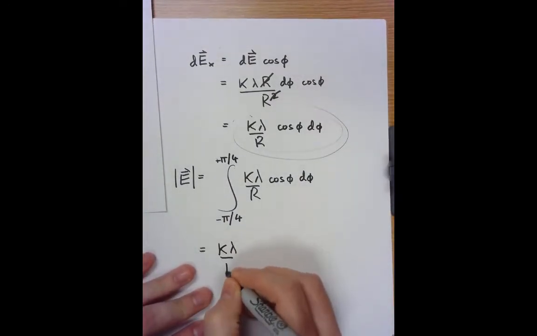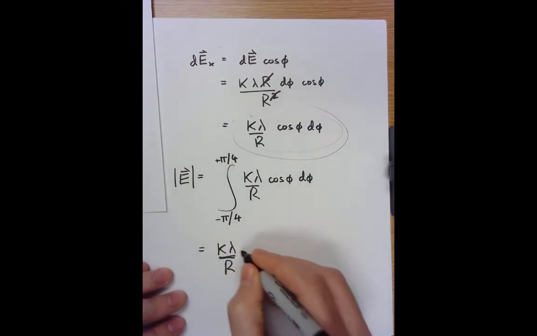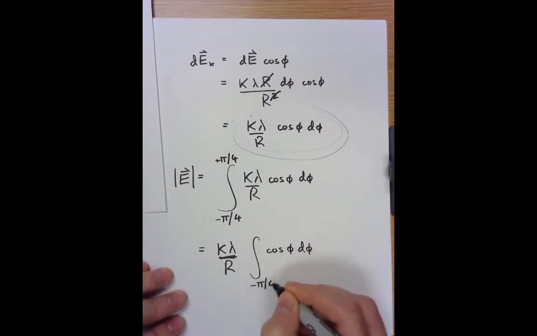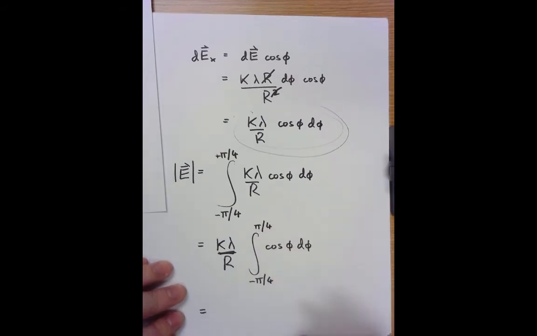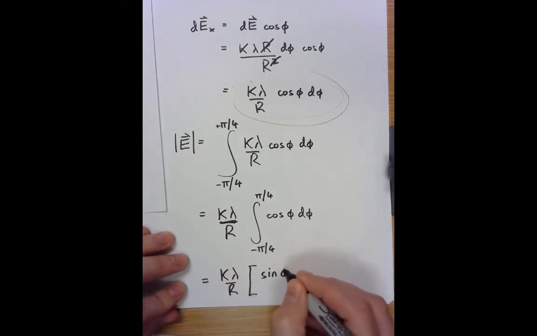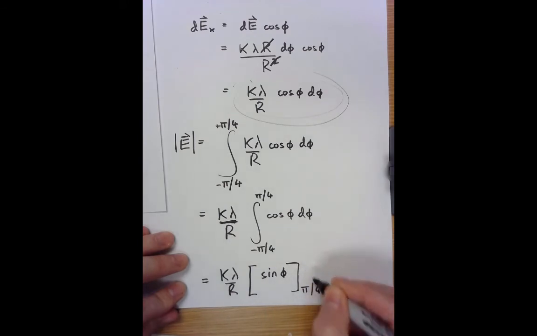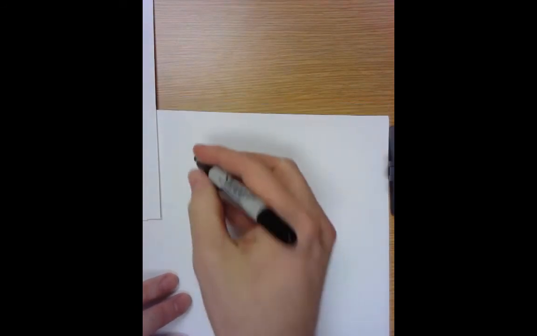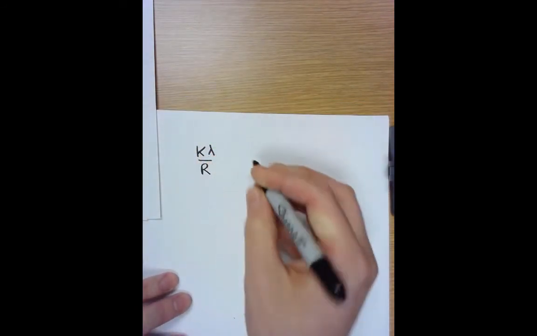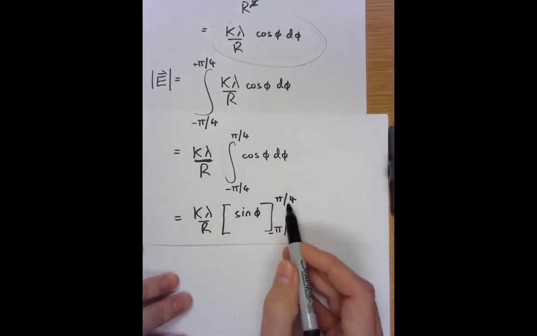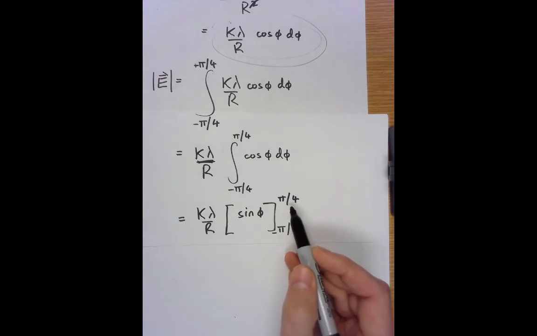So k, lambda, and R are all constant. The radius of the circle doesn't change, for example. So all we're doing is the integral of cosine phi d phi, and that's a fairly easy integral to do. Cosine phi integrates to sine of phi, evaluated between minus pi over 4 and pi over 4. Well, sine of phi evaluated at pi over 4, what is that?